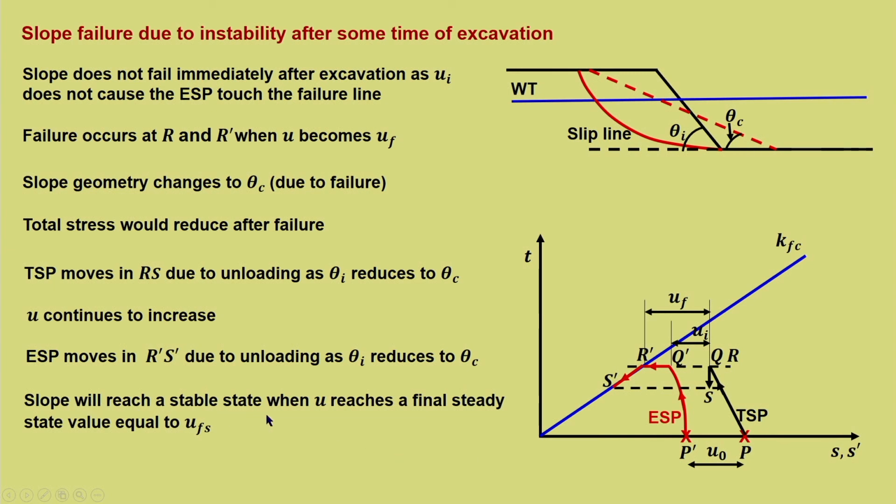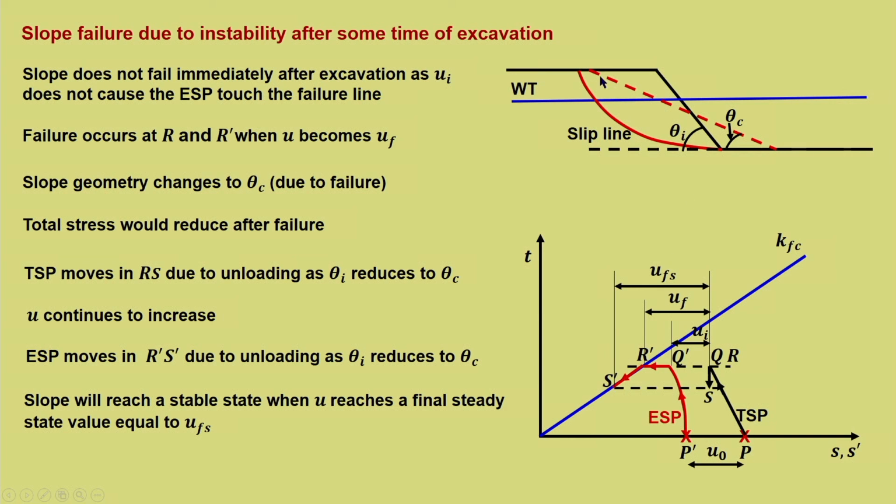So, the slope will reach a stable state. Theta C will become a stable state when U reaches a final steady state value, which is equal to U_FS. So, U_FS is the stable final value of pore water pressure, where S meets S dash.